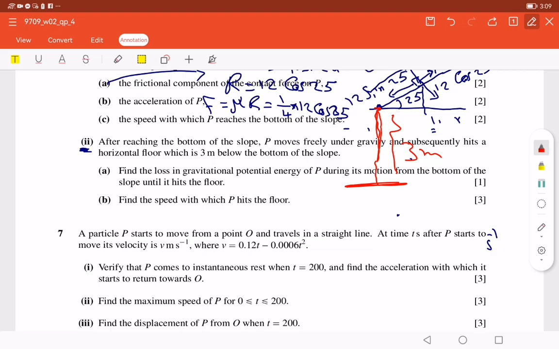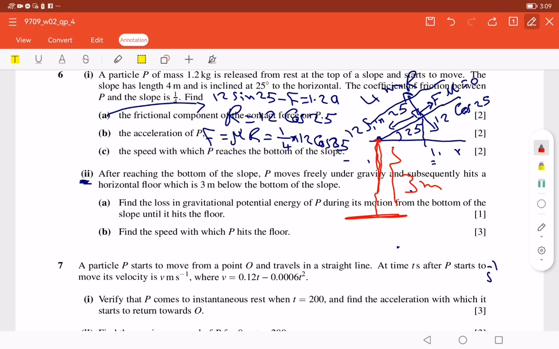Don't forget that the speed of the body at the bottom, we found it before: v squared equals 15.68.